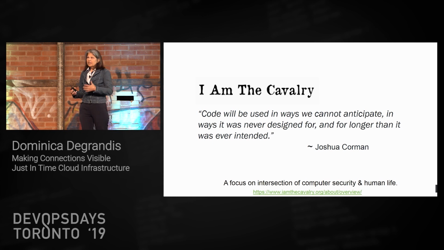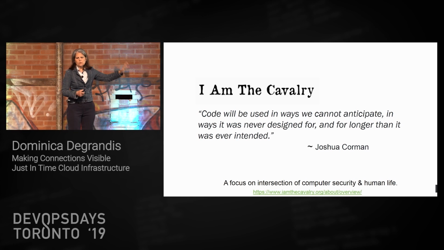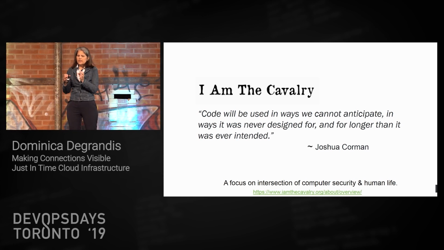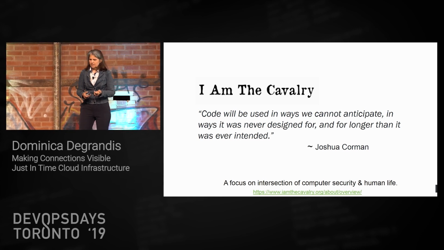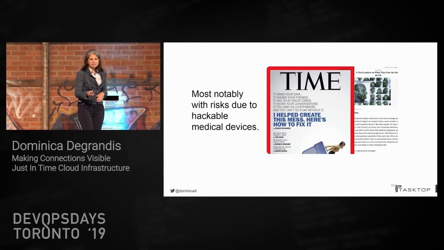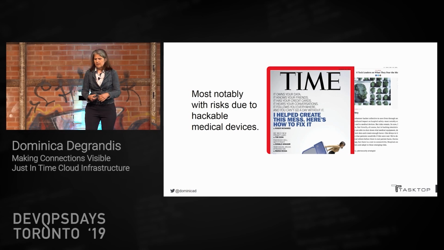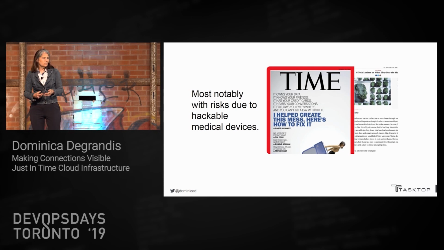So I Am the Cavalry, anybody know I Am the Cavalry, Josh Corman's group? So their work is a focus on the intersection of computer security and human safety. An example of their work is reducing life-threatening situations from hackable devices, like infusion pumps that get put into humans in hospitals that allow cyber attackers to take remote control of it.